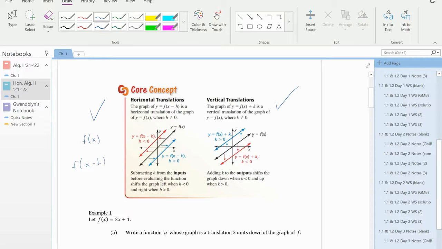If it's X minus -2, that turns into X plus 2, which moves it 2 places to the left. If you want to move something up and down, add some number to the end. If it's positive, it'll move up. If it's negative, it'll move down.